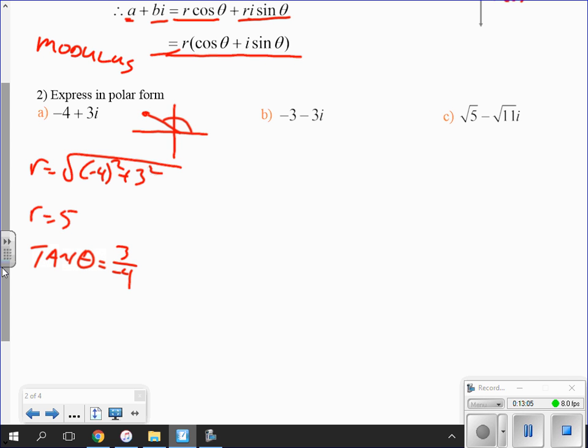No, there is nothing that is going to work on your unit circle for that. This is why I said you need your calculator. Because in order to find theta, you need to do the inverse tangent of -3/4. -0.64.